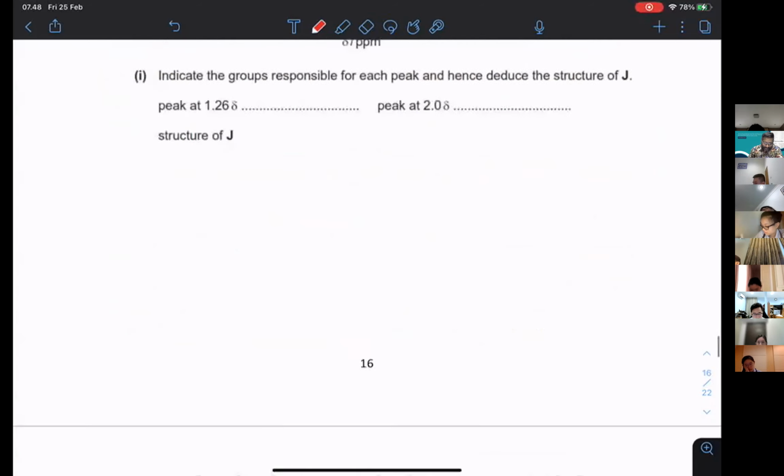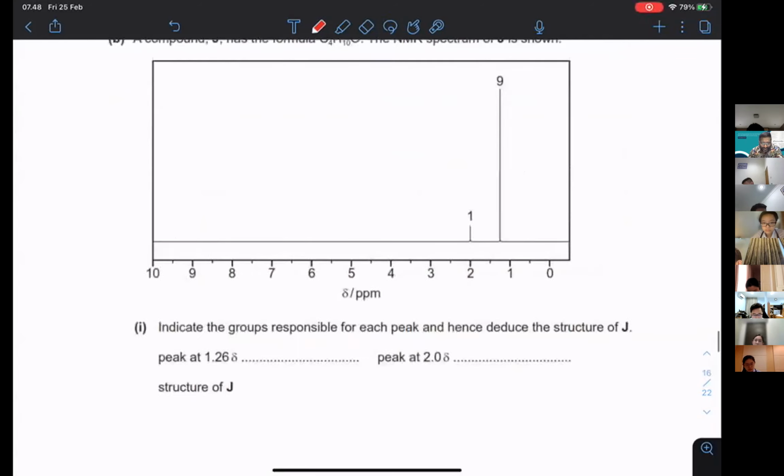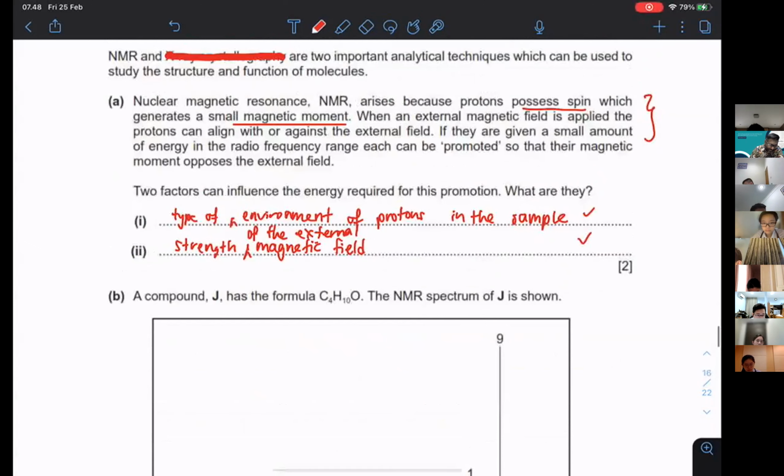If you look at the marking key, I think they give more. They say the nature of the proton, but in the end it is still talking about the chemical environment of the proton. That is what we want. So from now on, let's use the term chemical environment.